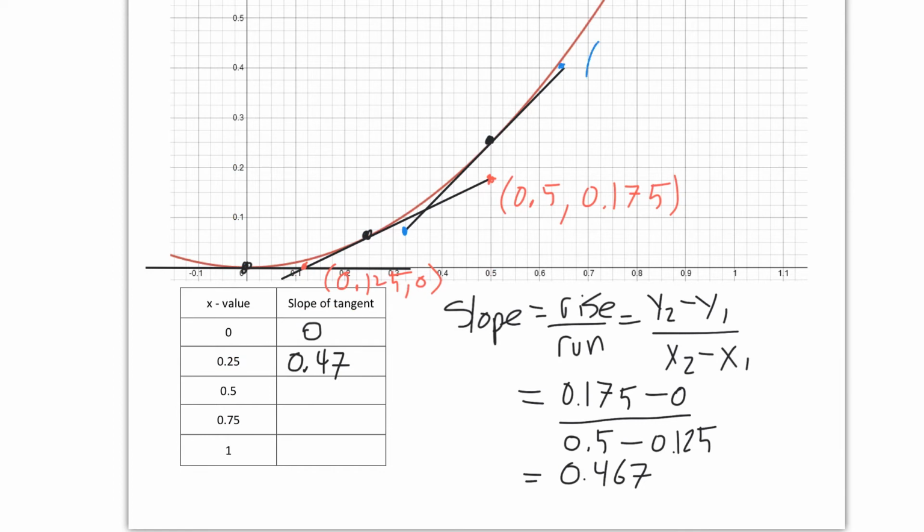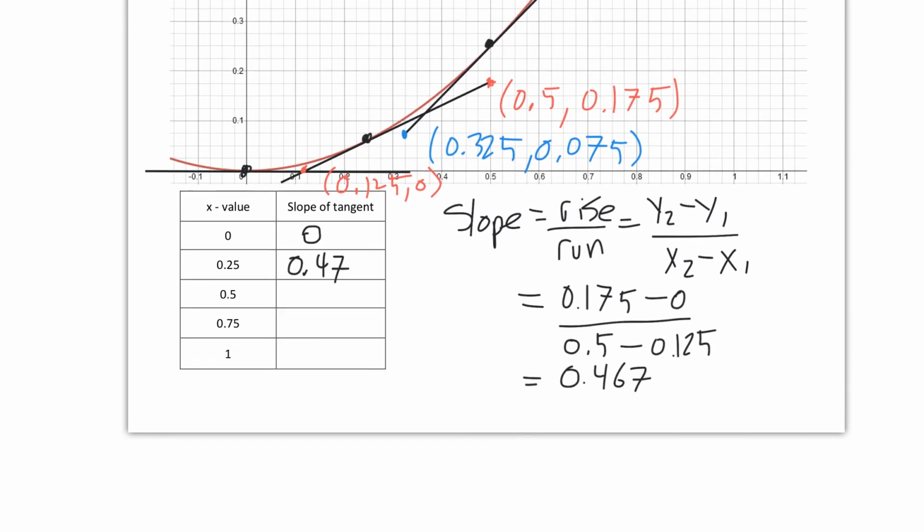So over here, it looks like 0.65 and 0.4. Over here, we're going to have 0.325 and 0.075. So let's go ahead and figure out what that will give us.